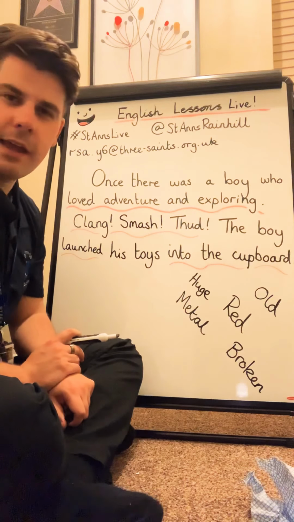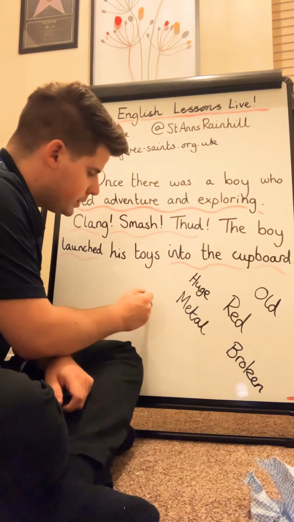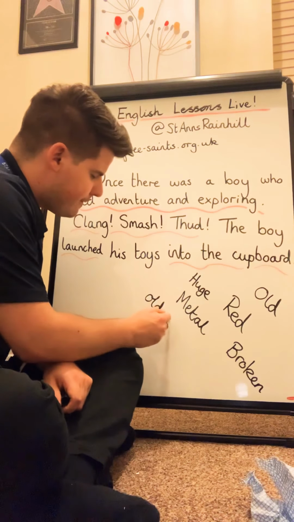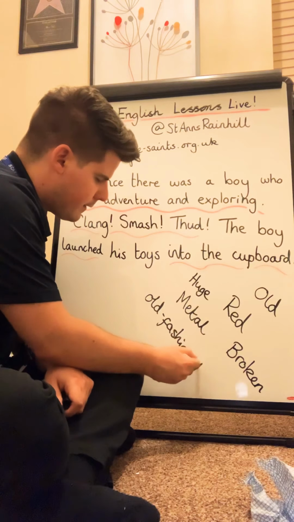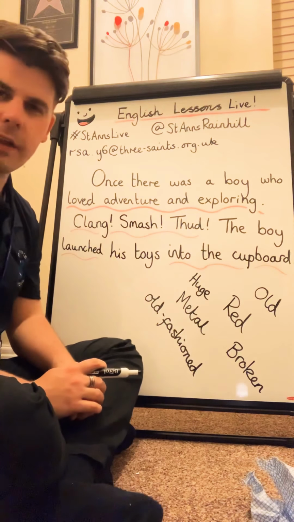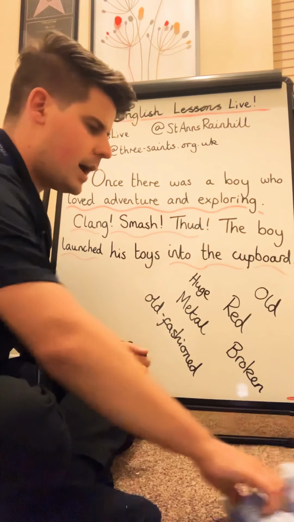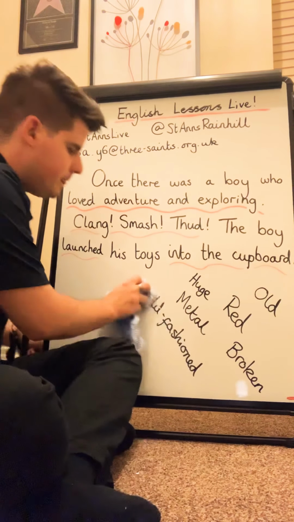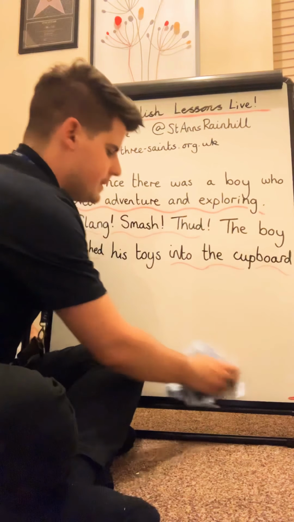Maybe rather than just old, maybe we could say an old-fashioned aeroplane. There's some good ideas, aren't they? So let's have a think about how we might want to describe the aeroplane. We'll keep those in our head while we write our next sentence.